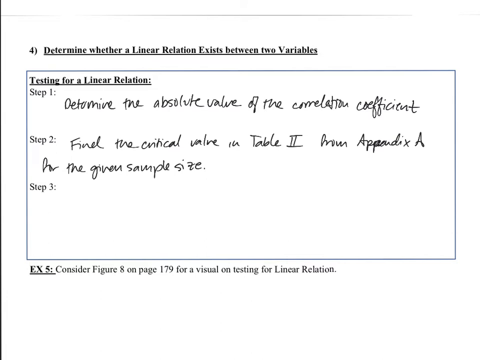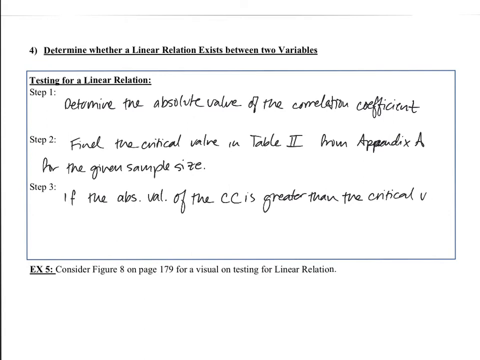And step 3, if the absolute value of the correlation coefficient is greater than the critical value, a linear relation exists. So, if the absolute value of the correlation coefficient is greater than the critical value, a linear relation exists between the two variables.